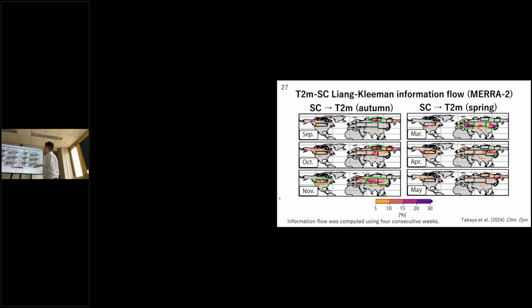So there is some interesting seasonality over Western US or others. Probably we are also interested in the US or North America. We found some areas here. And over these regions, these results of course were consistent with our previous study.